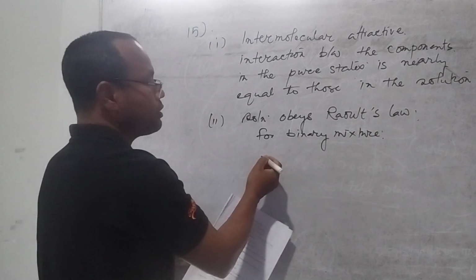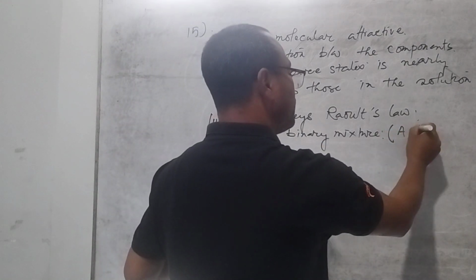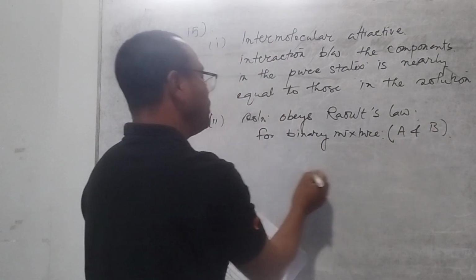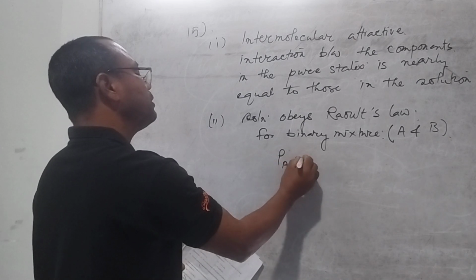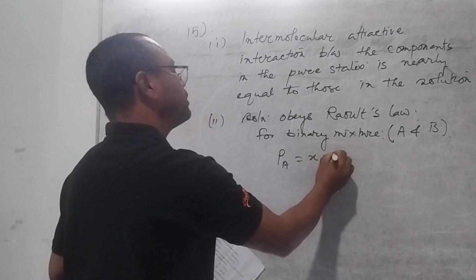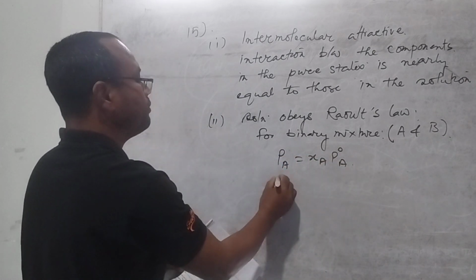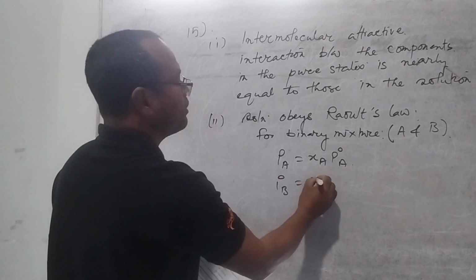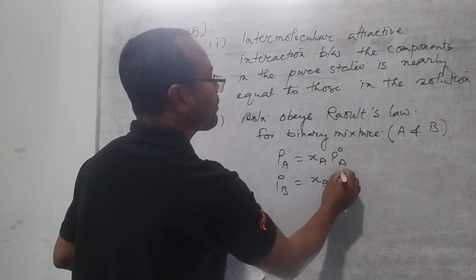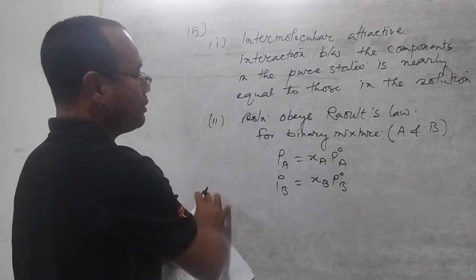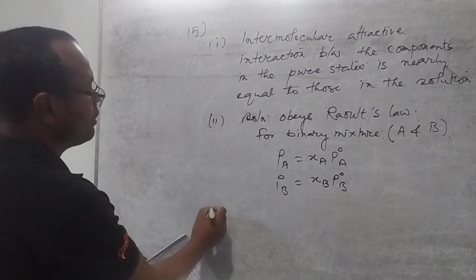For a binary mixture, say component A and component B, if you write for component A like this, and for component B like this, these 2 points can be right.